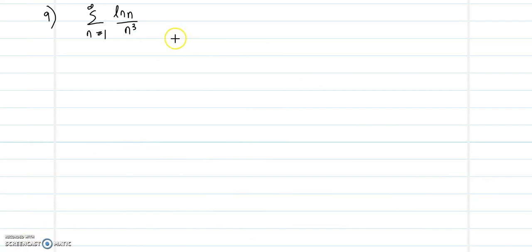Question number 9, we need to check the convergence or divergence of summation n = 1 to infinity (log n)/n cubed. Now if we take f(x) = (log x)/x cubed, when x is equal to 1 the value will be 0, so it will be positive when x is greater than or equal to 2.